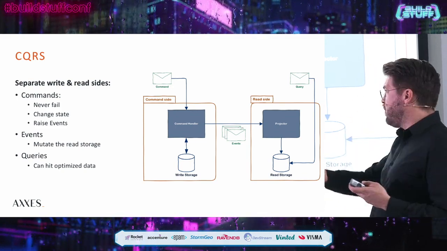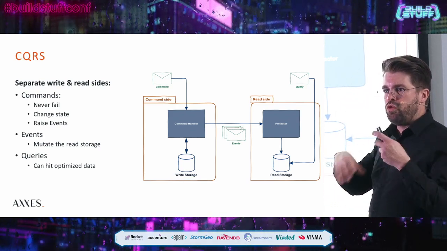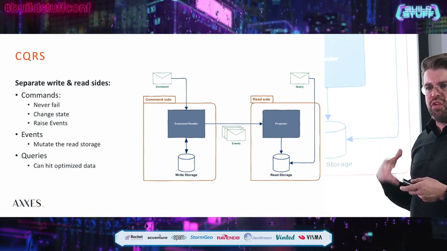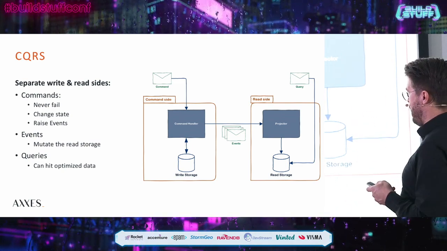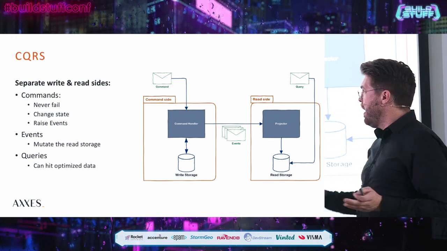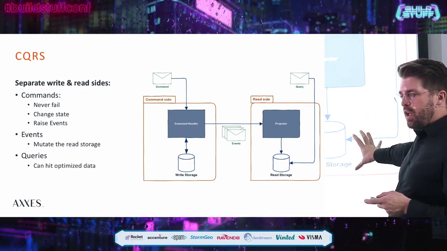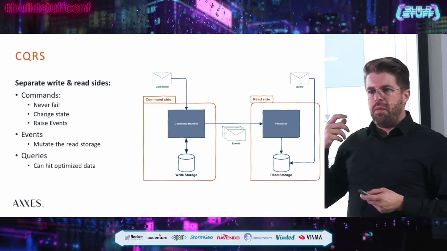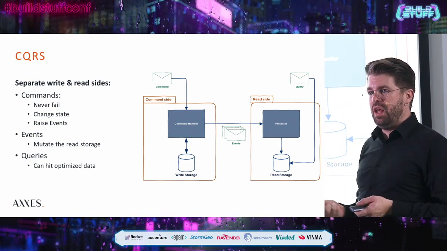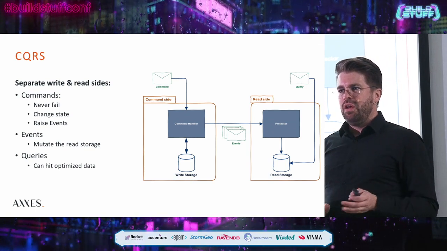And we're going to raise these events and move them over to the read side, where the events will be used to project all the read storage and prepare that for the queries that might be coming in. And the advantage of having this system is that you can performance tune both sides independently, and they're loosely connected, right? And the performance tuning on the read side is that ideally you can have every query hit a single table on an index and be snap fast, right? That is like, you have a question?